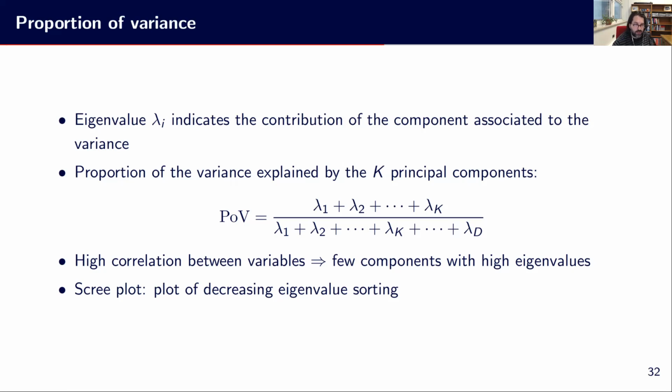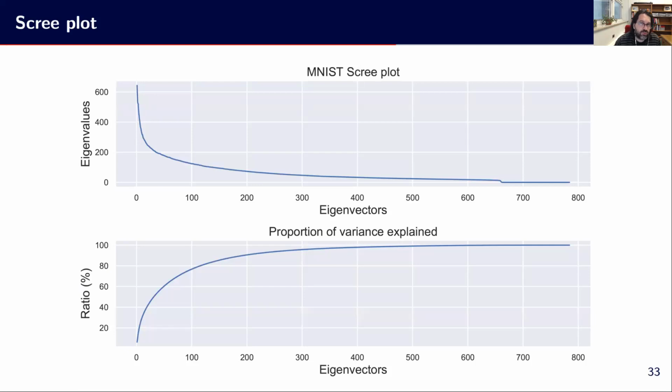We can use what we call a Scree plot. This is for plotting, in decreasing eigenvalue order, the proportion of variance. So the Scree plot, for example, for MNIST, if we apply PCA to MNIST, we can see that with the first, say, 50 eigenvalues, we are capturing many things. We can see that we have about 60% of the variance captured with about 50 components, eigenvectors.